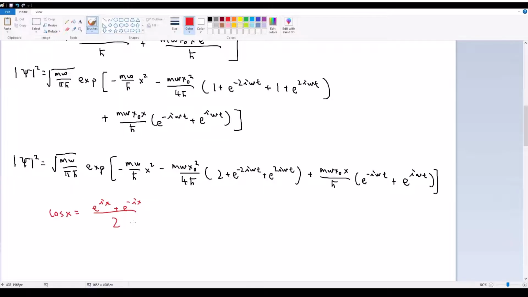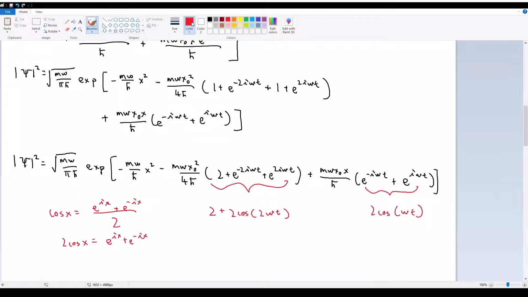So in the same way, I can say, okay, well, I know that 2 cosine of x is going to equal e to the ix plus e to the negative ix, which means that this expression over here is going to turn into 2 plus 2 cosine of 2 omega t. Yeah. Similarly, on this side, we're going to get a 2 cosine of omega t instead of 2 omega t. Let me just double check that that is in fact correct.